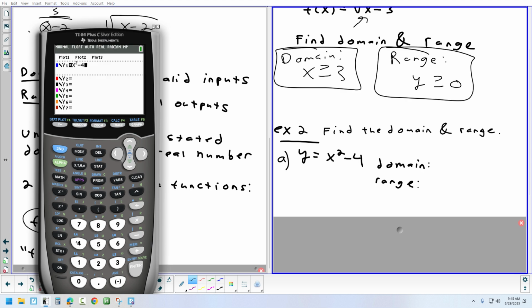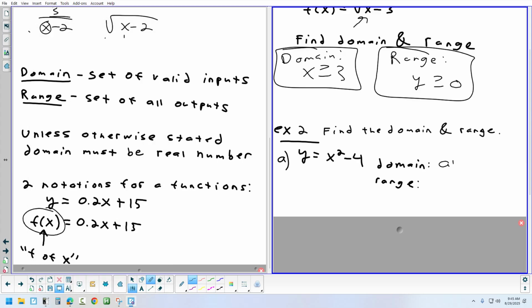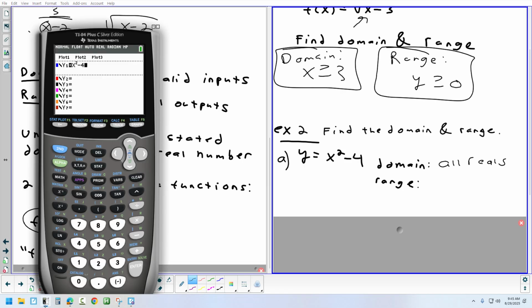All real numbers. You can take any number you want and raise it to the second power. You'll never have an issue for that. So the domain is all real numbers. Once we type that in, let's do zoom 6. That'll just reset our window.